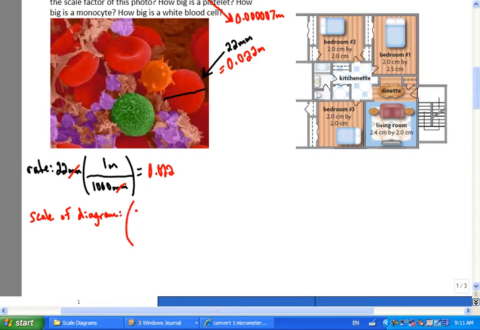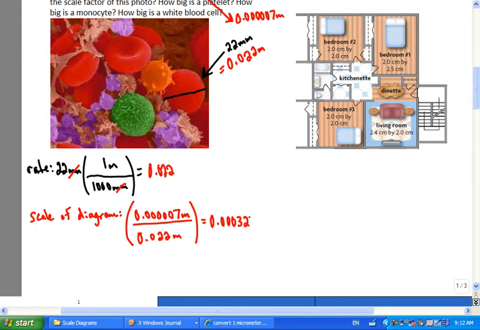So the scale that we have in our diagram, for every 0.0007 meters, there is 0.022, which gives me a scale factor of 0.00032.